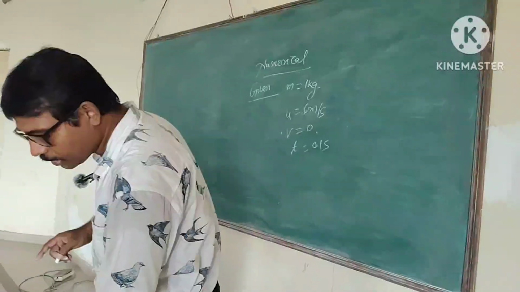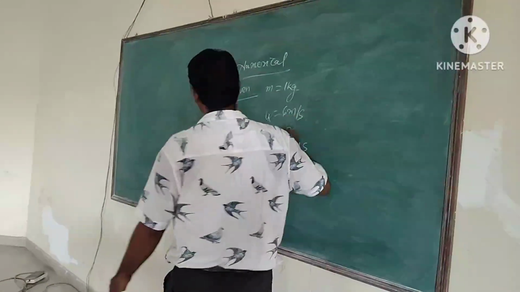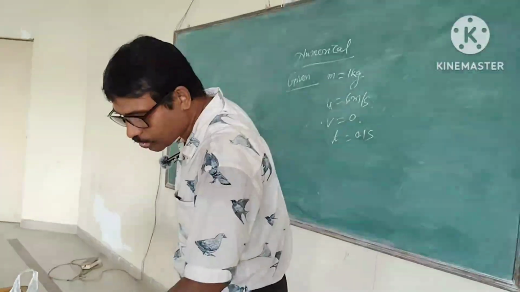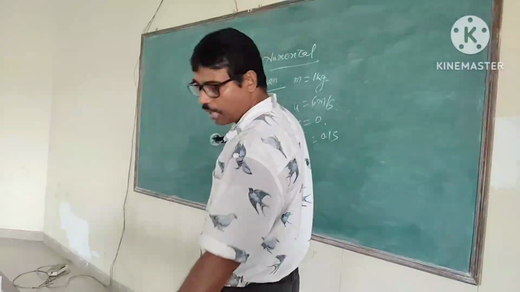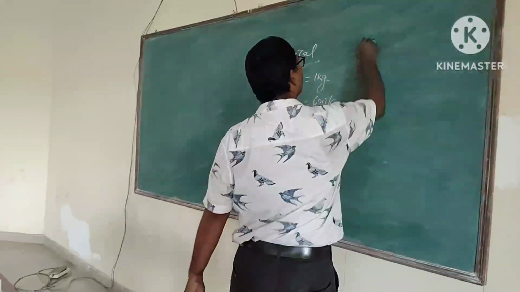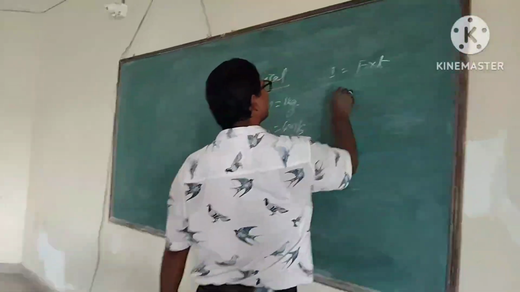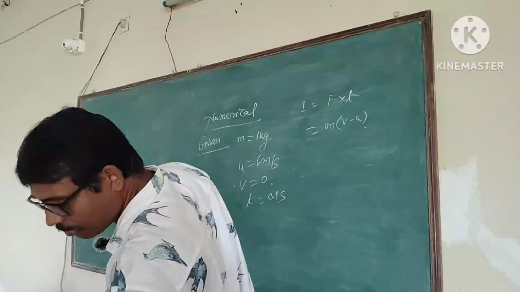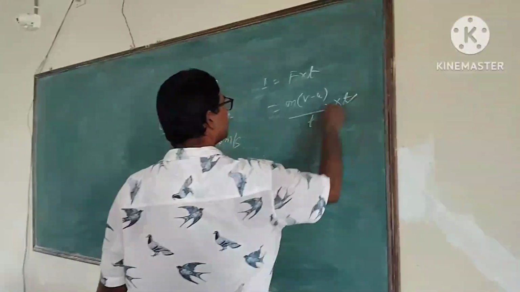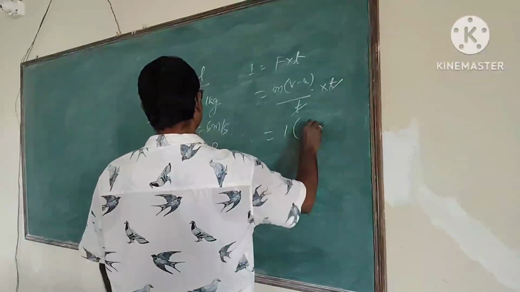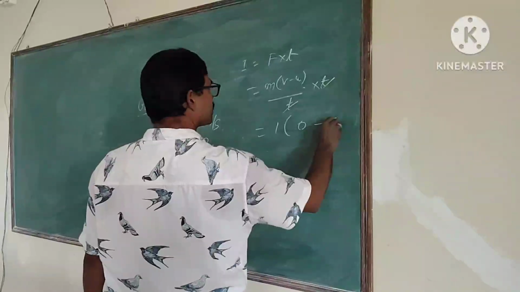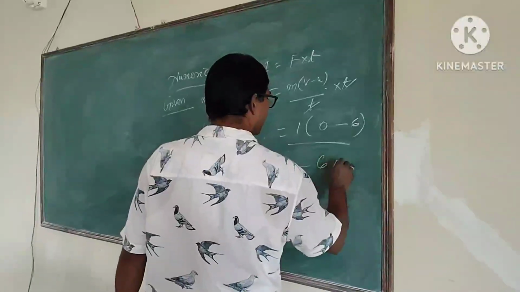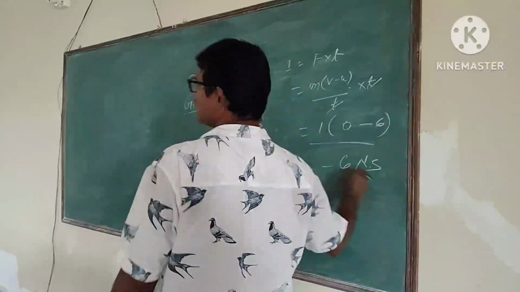Question: calculate the impulse force, the retardation of the hammer, and the retarding force that stops the hammer. As per the question we have to calculate the impulse force. Impulse I is equal to F into T. So F कितना हुआ, m dp by dt, m (v minus u) by t, into t, t कट गया, तो m कितना हुआ 1, v कितना हुआ 0, u कितना हुआ 6, इम्पल्स कितना हुआ -6 Newton second, that is impulse force.